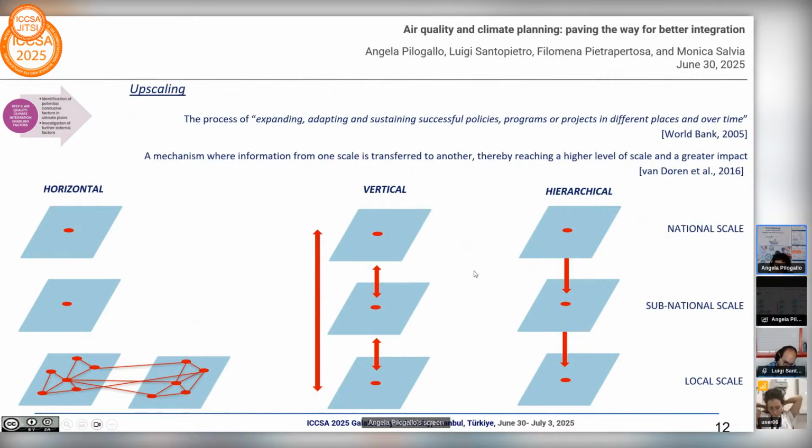The hierarchical one, finally, is based on legally binding rules. A typical example of hierarchical upscaling is setting minimum standards to try to involve also the laggard cities.